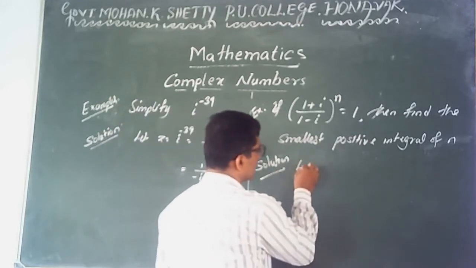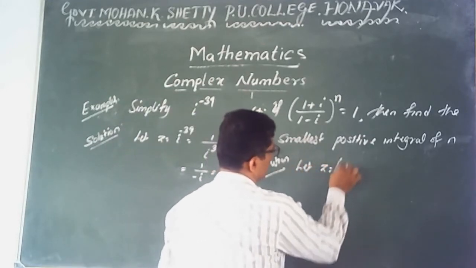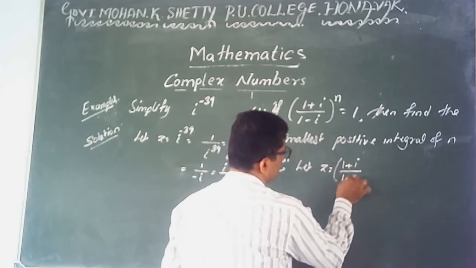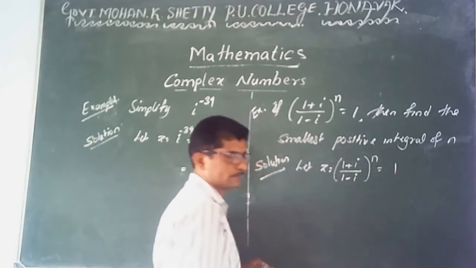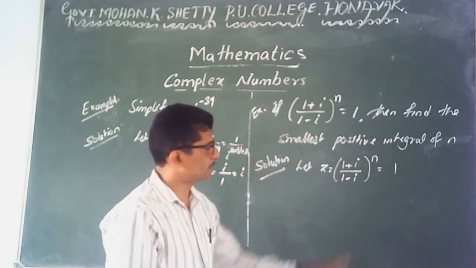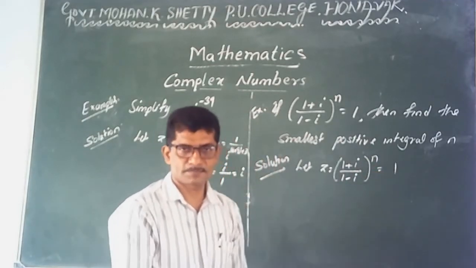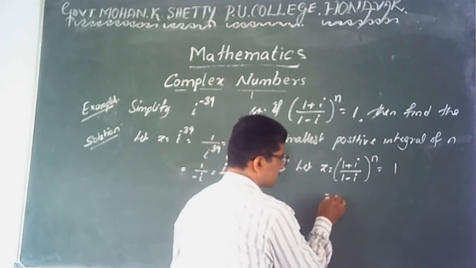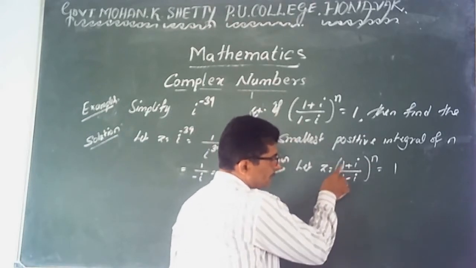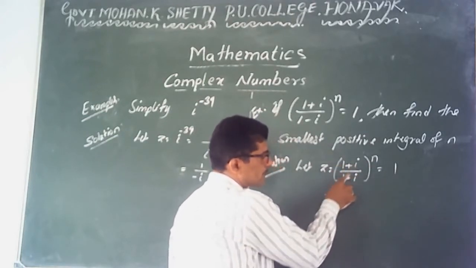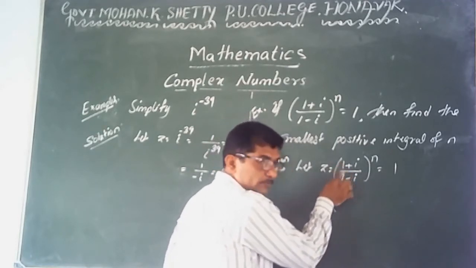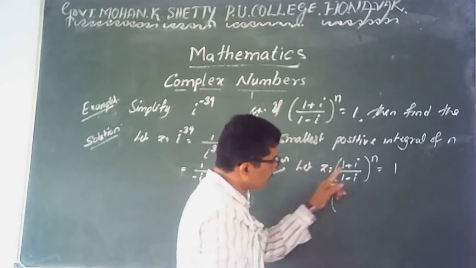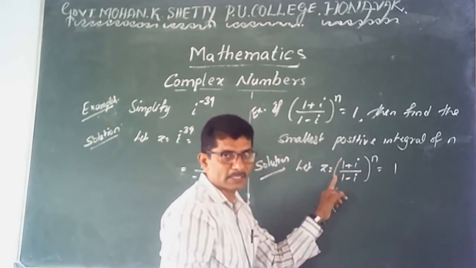Next, the given z is equal to 1 plus i divided by 1 minus i, raised to n, equal to 1. It is given that the real part is 1 and the imaginary part is 0. You know that 1 plus i divided by 1 minus i is a quotient of two complex numbers.